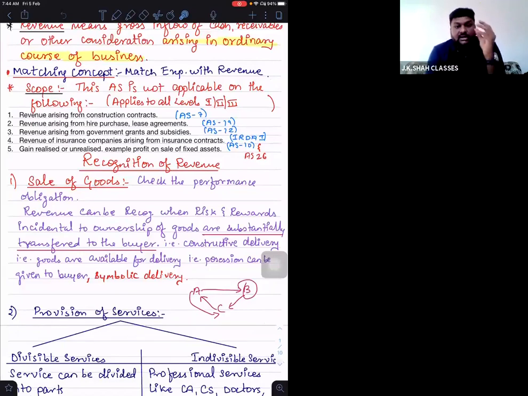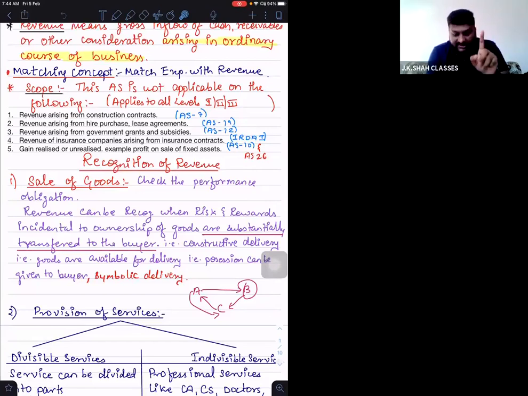Johnson is very renowned for lifts, Kone Elevators is there, Otis is there. When these people sell a lift, they have a contract with you that they will only install the lift, because they know how to install their own lift. You cannot get the lift installed by some third party. If you are buying a lift from Otis, only their people will come and install it, right?